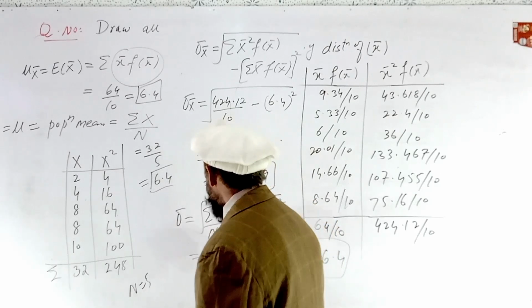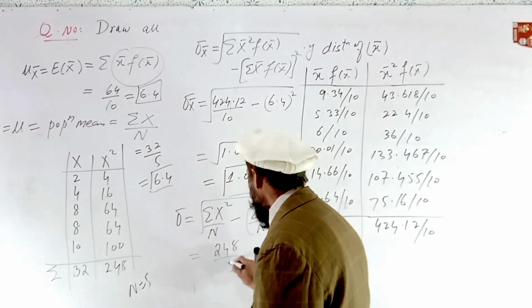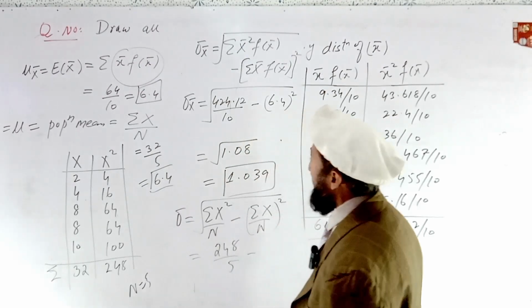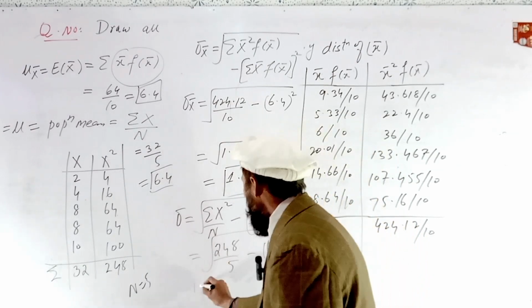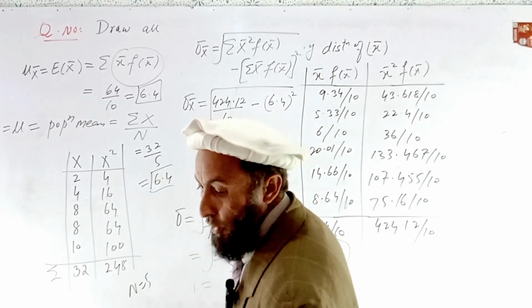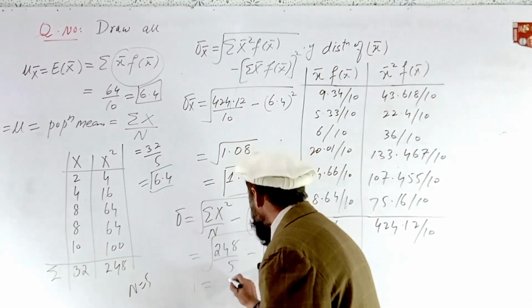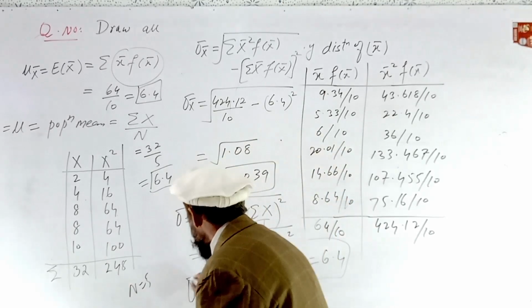We have already done summation x square, which is 248 divided by 5, minus summation x divided by n, which we have already found as 6.4, squared. If we calculate this result, it will be equal to 2.394. This is the value of sigma.